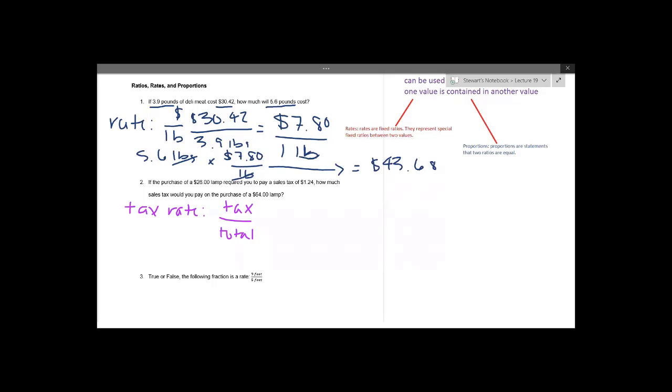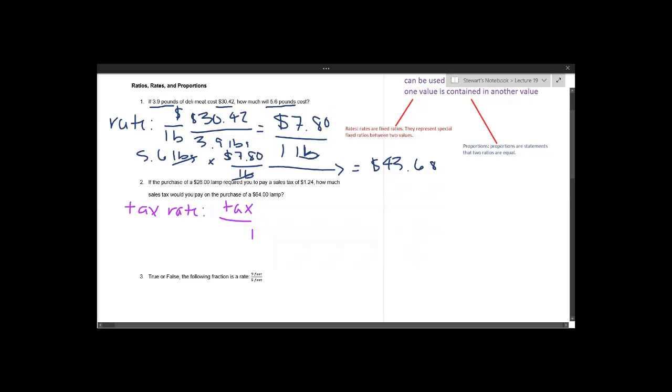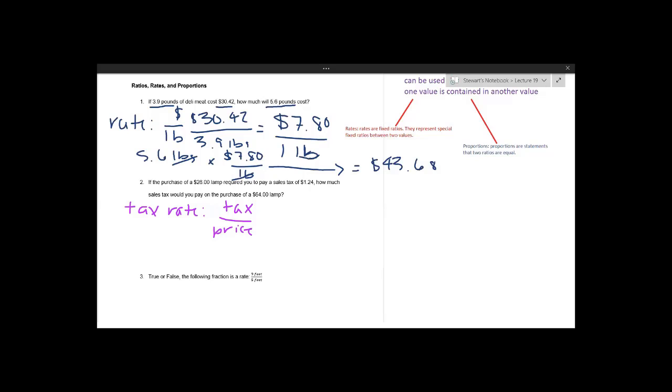I'm sorry, I shouldn't say total, I should say the price. Okay, so we have $1.24 that we paid in tax, divided by the $26 price of the lamp.